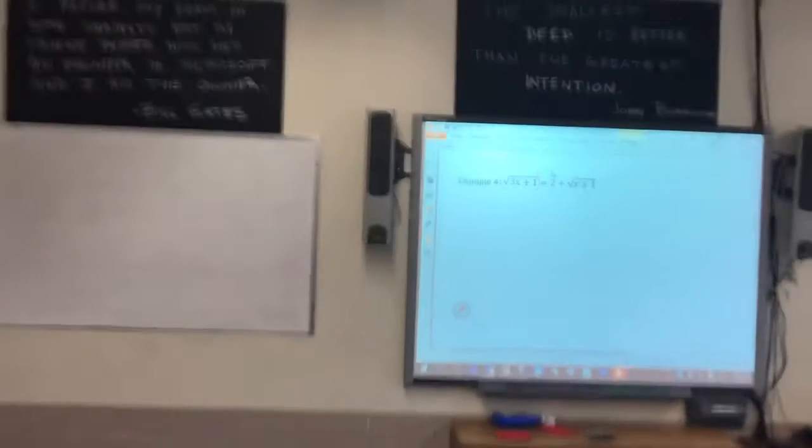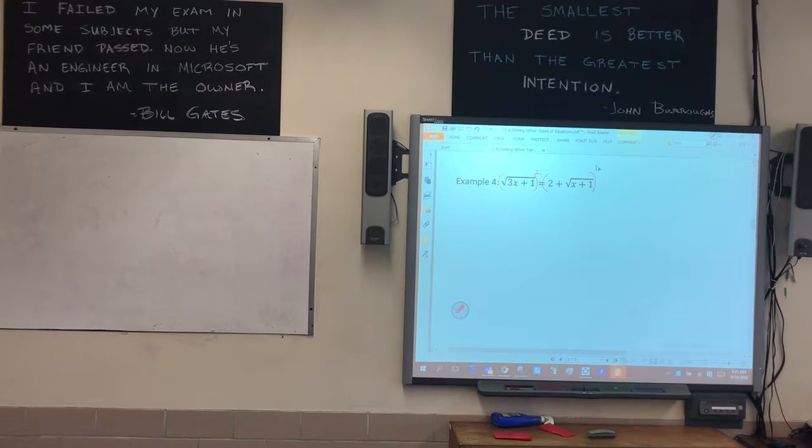Square that. Come over here, square that. When I square this side right here, I'm left with the radicand, 3x plus 1. Remember what this means. You have a binomial. You have 2 plus root x plus 1 times 2 plus root x plus 1.